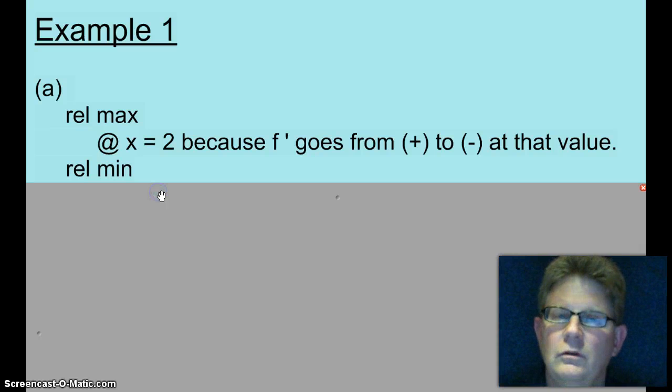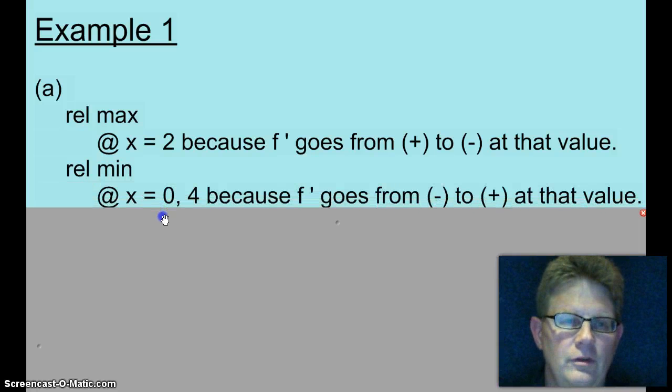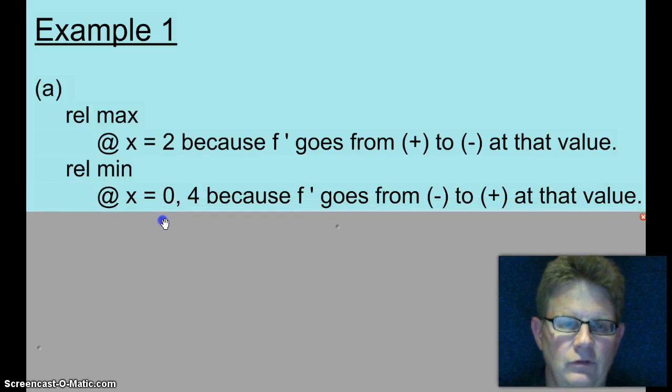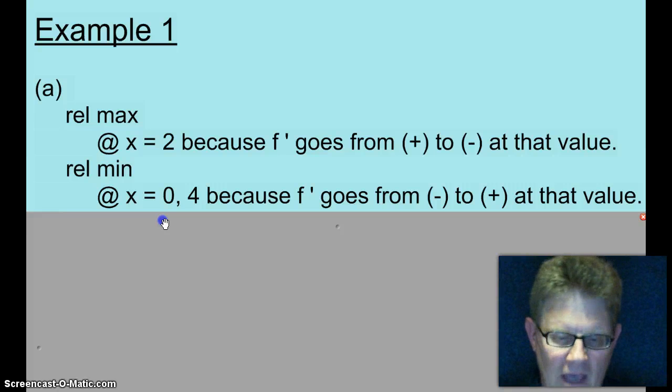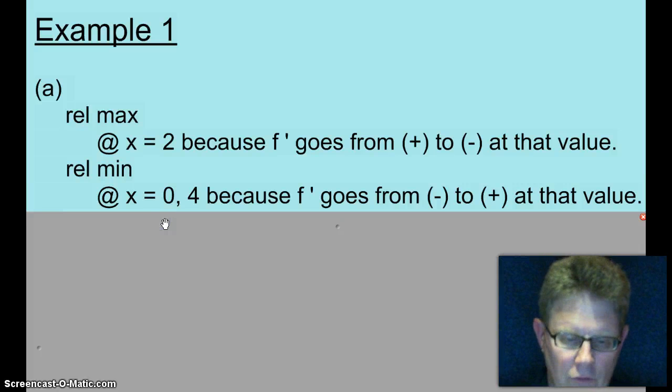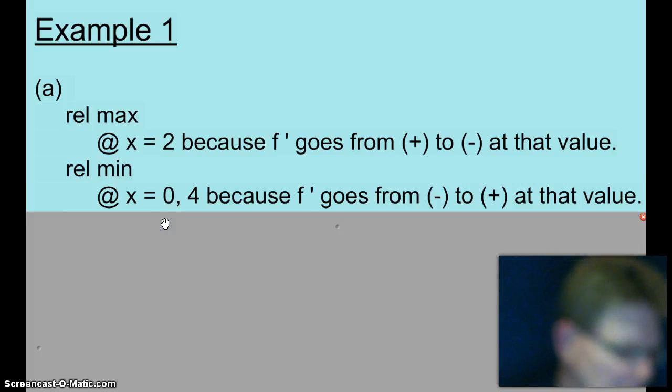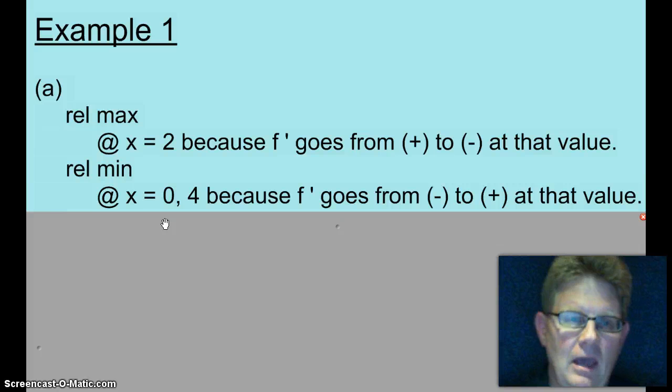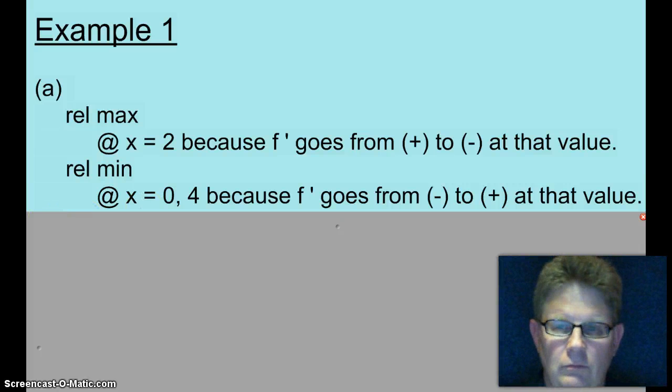Relative mins, where are relative mins going to happen? Where F prime goes from negative to positive. So there's a relative min at x equals 0 and at 4 because F prime goes from negative to positive at both of those values.